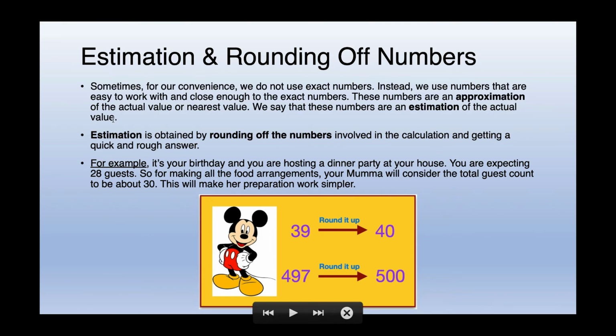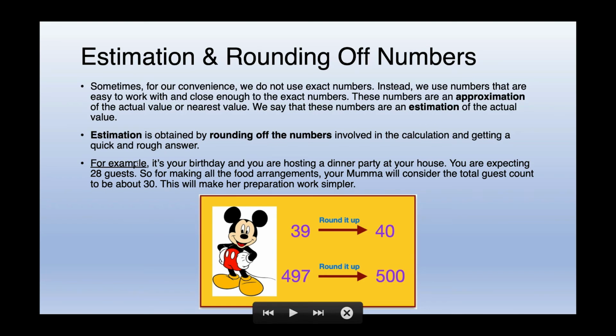So sometimes, say while making a calculation, we do not use the exact number, but in place of that, we use a number which is near to the actual number, the original number, and which is easier to work with. And this is known as approximation.